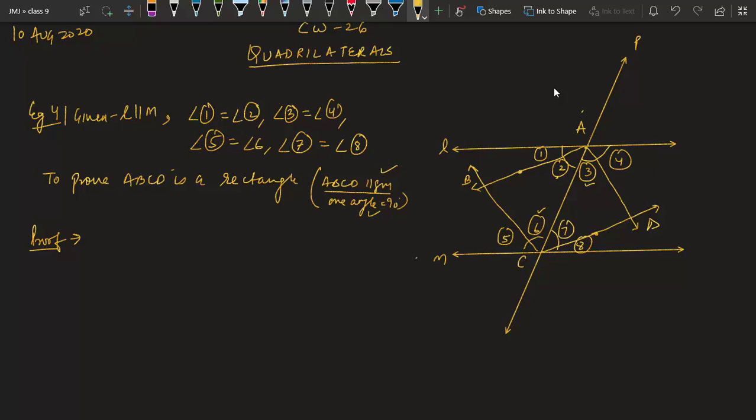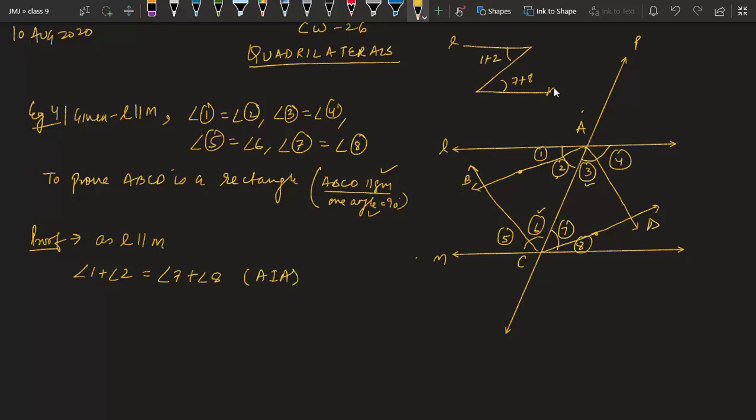Before that, as L is parallel to M, we can say angle 1 plus angle 2 is equal to angle 7 plus angle 8. You can see this is L, this is M, this is 1 plus 2, this is 7 plus 8. So they are equal because they are alternate interior angles.